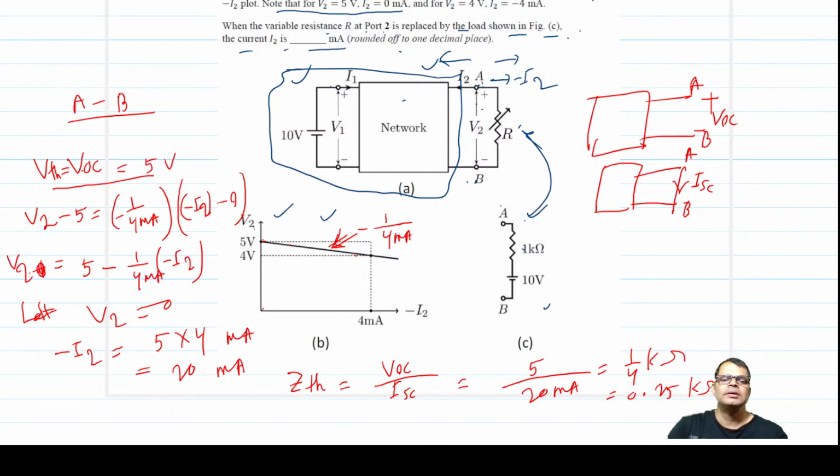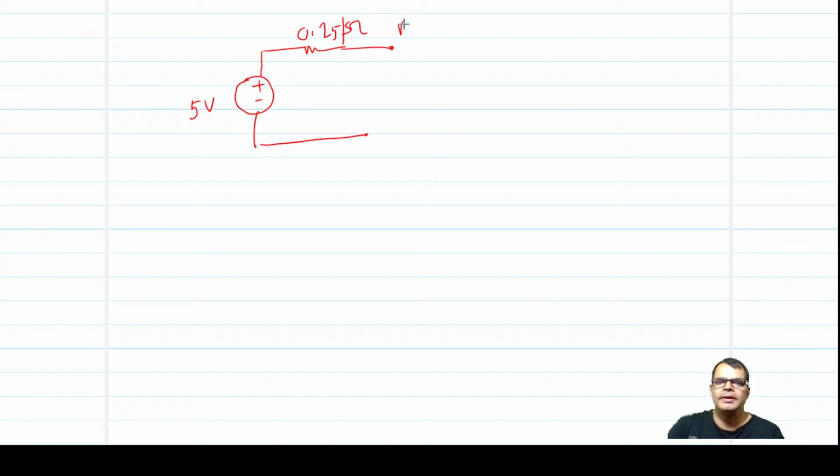Now you have found the Thevenin equivalent, 5 volt with 0.25 kilo ohm, at points A and B.